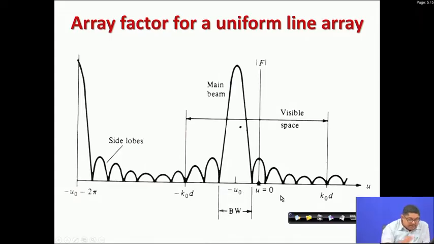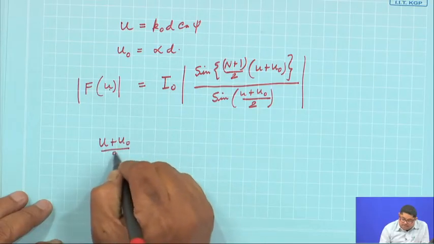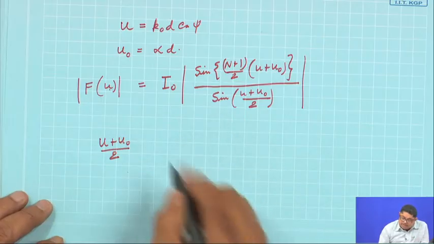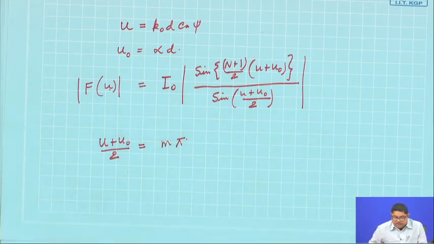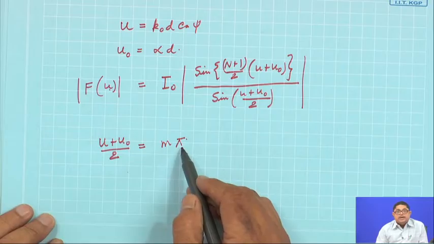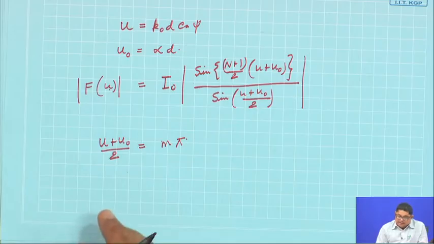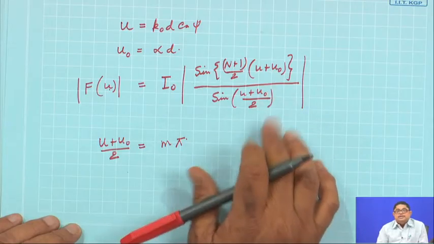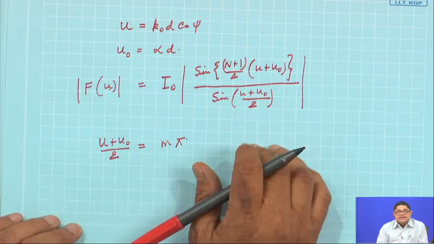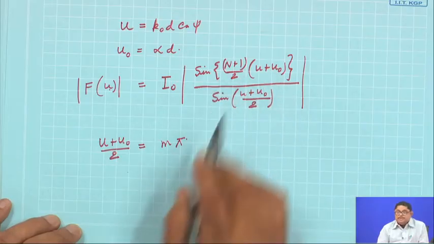And what are the main lobes? Whenever (u plus u naught) by 2 is equal to m pi, then I can get a main lobe, because that is the singular 0 by 0 case, and that is much greater than any of the actual maxima of this expression.